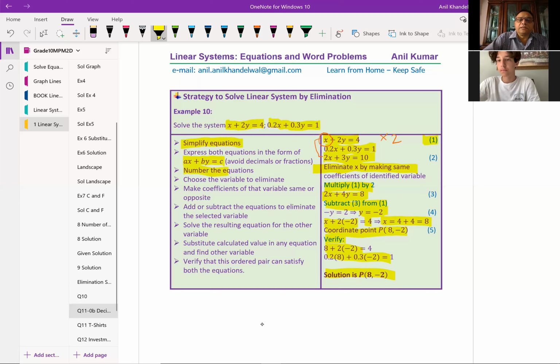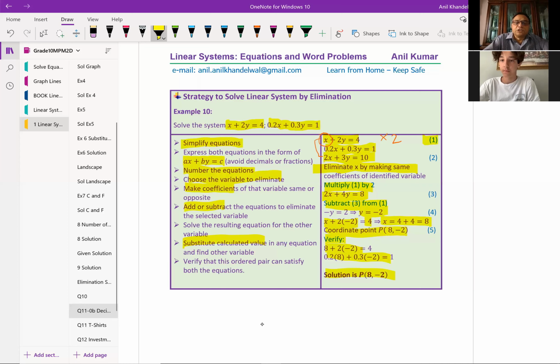We always number the equations so that it's easier to communicate. Choose a variable. In this case, x was the variable chosen. To make the coefficient same, we multiplied equation number 1 by 2. Add or subtract. Now, when they are exactly same, 2x, then you have to subtract, correct? If they are opposite, then you have to add. So we subtracted one from the other to get the value of the other variable.